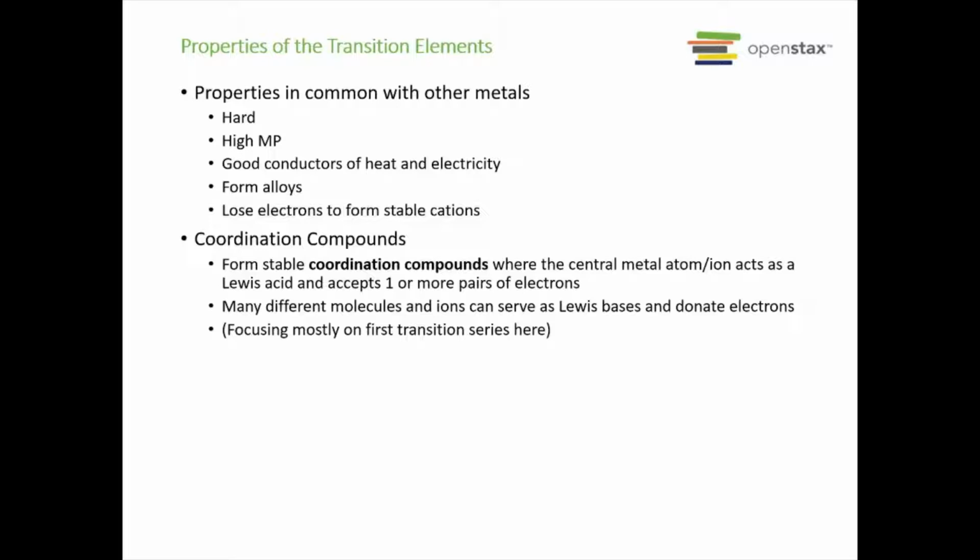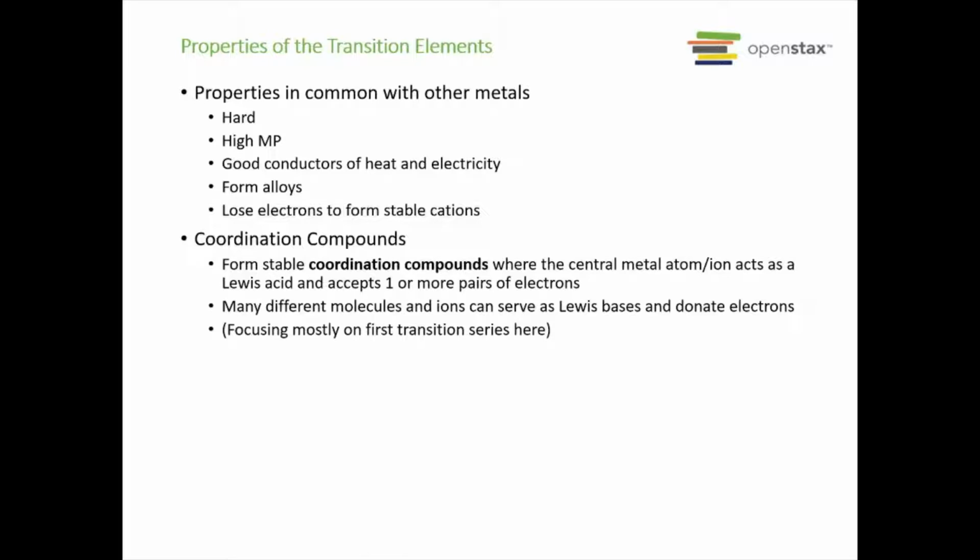So we're going to talk about some of the properties of the transition elements. They do have some general properties in common with most of our other metals. They tend to be hard and have high melting points. They tend to be good conductors of heat and electricity and can form alloys. And they generally lose electrons to form stable cations. Now, one thing that's interesting about them is they don't necessarily always form just ionic bonds.